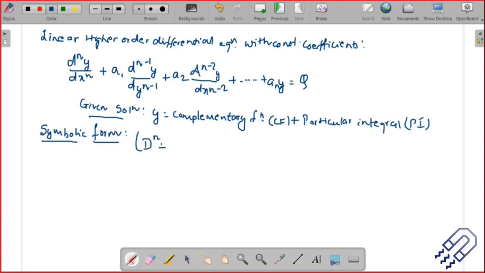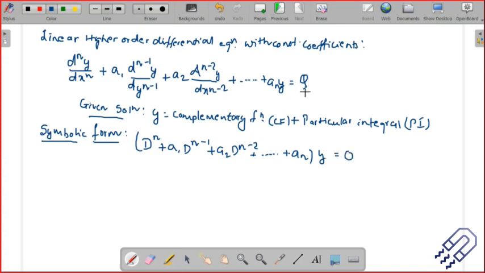So a1 is the coefficient of D^(n-1), plus a2 D^(n-2), and so on up to an. What I take common is y. And when I write it on the other side, I will put it as 0.